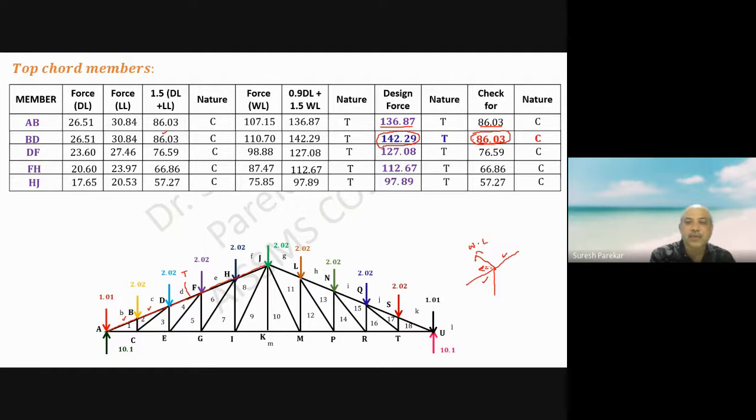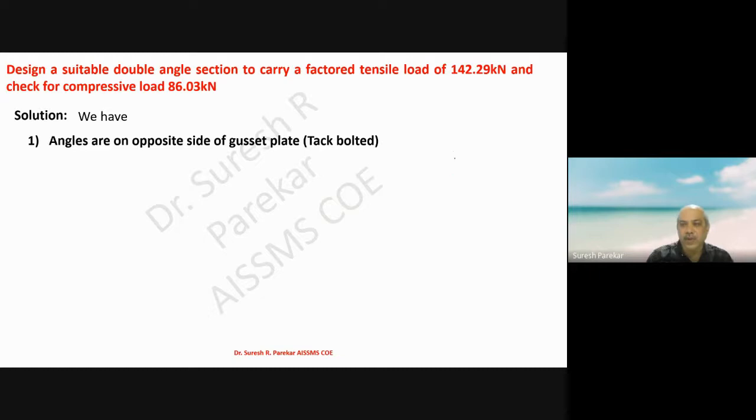Now we have framed the problem: we have 142.29 and 86.03, that is tensile and compressive respectively. For the top chord members we are going to consider double angles, connected on opposite sides of the gusset plate, and from this we get this cross section, and therefore the bolts are in double shear, and then bearing.